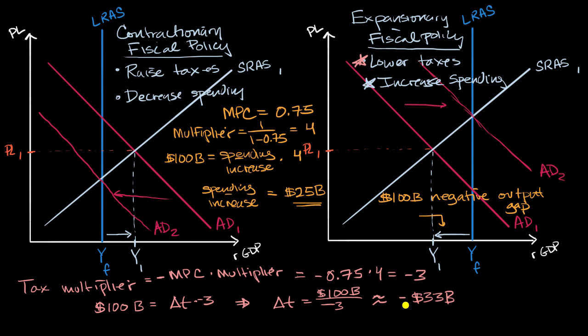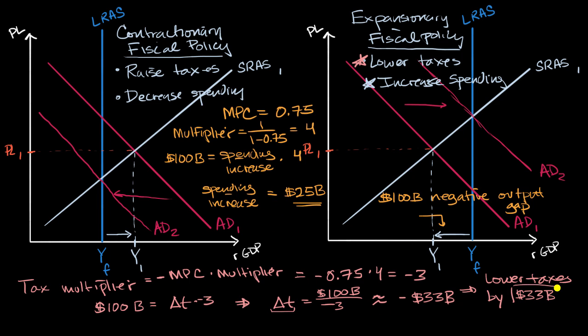Once again, why is this negative? Well, this is your increase in taxes. So if that's negative, that means you lowered taxes by $33 billion.